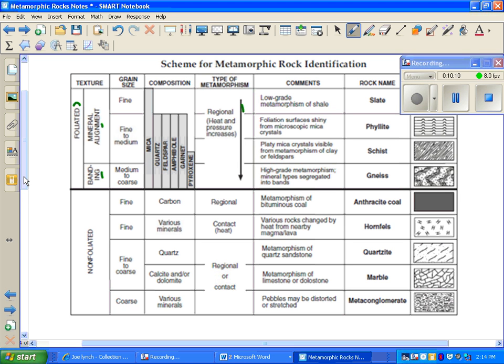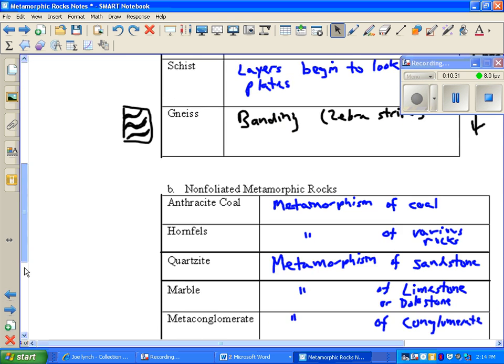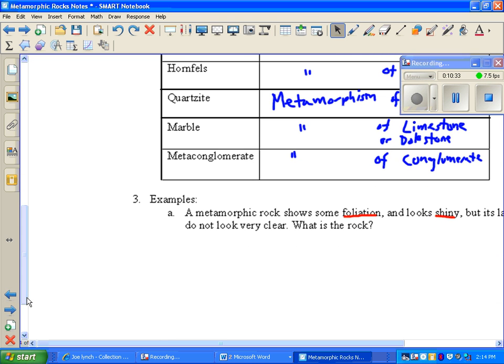And then it says it looks shiny, okay, but it doesn't show the plates. So we're going to call that one, this right here, phyllite. All right, so we're going to go back. We're going to say that this is phyllite.